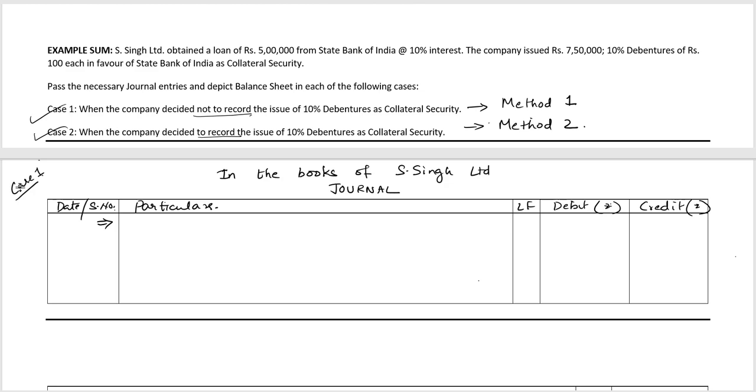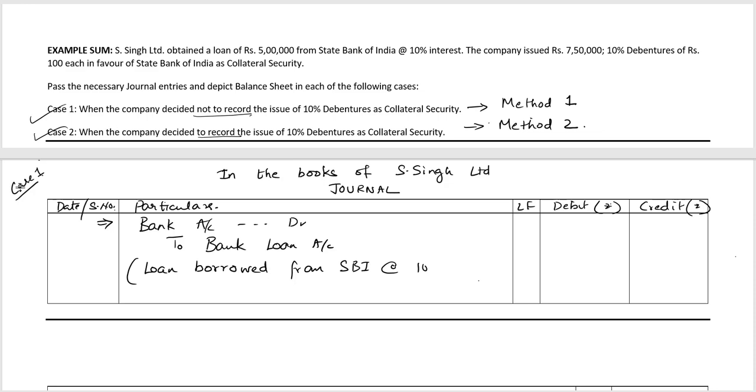The journal entry to be passed for obtaining a loan: bank account debit to bank loan account. For loan borrowed from State Bank of India at 10% interest.